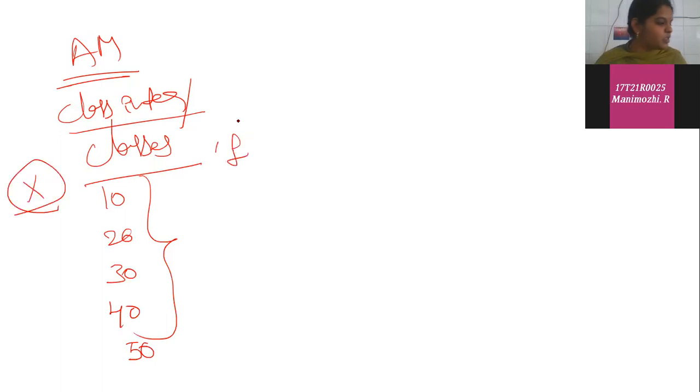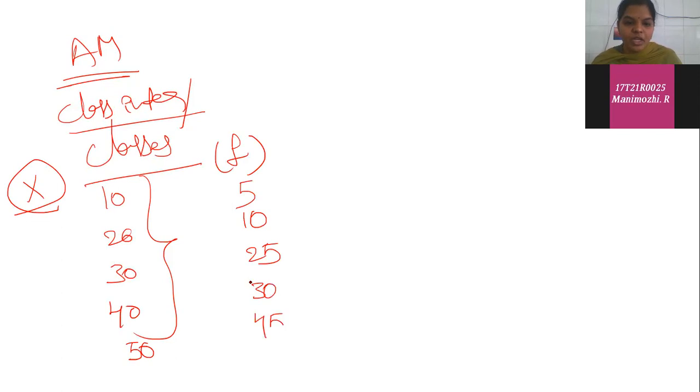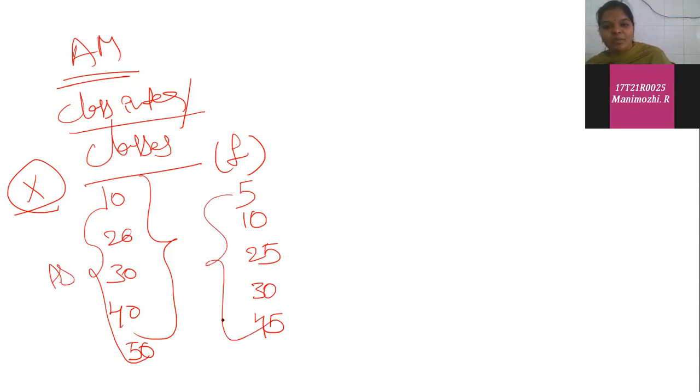And what are the respective frequencies here? 5, 10, 25, 30, 40, 45. So here also the number is increasing from small number to big number. That means the data is presented in ascending order. And in case of frequencies also, the data is presented in ascending order only. There is no zigzag in the numerals. But here, what will finally be the conclusion?